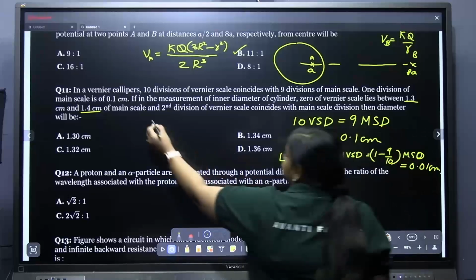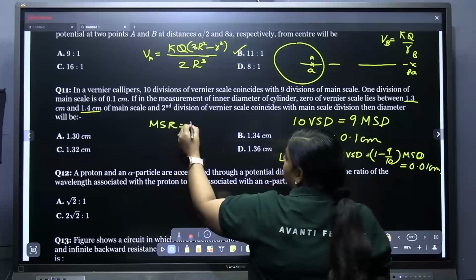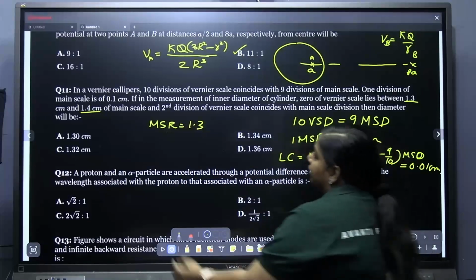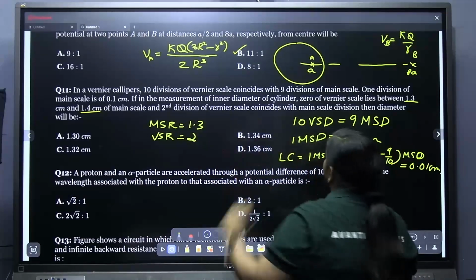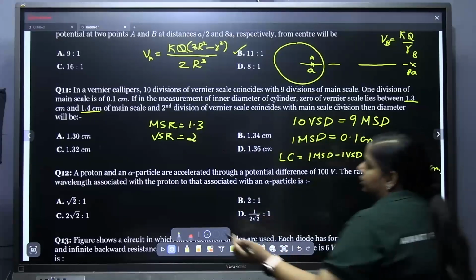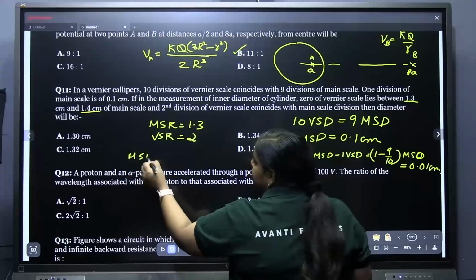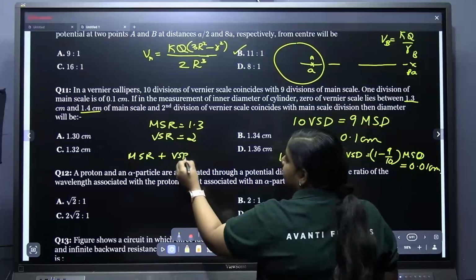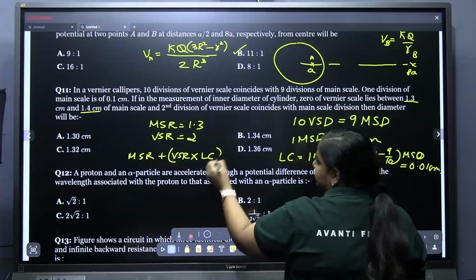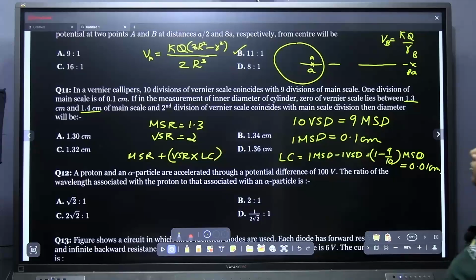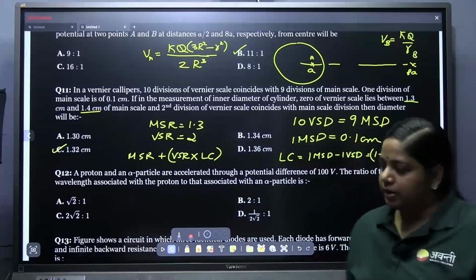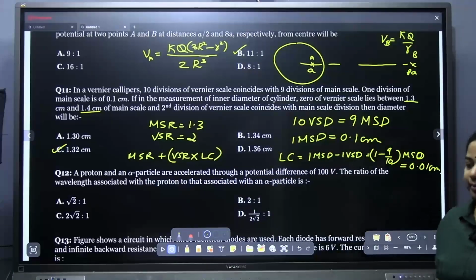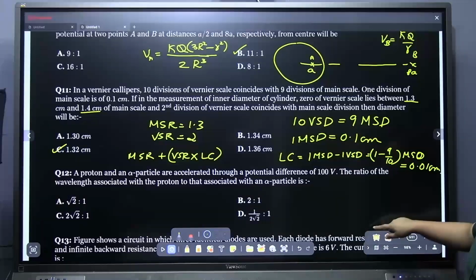So MSR will be 1.3, then VSR is equal to 2, second division. You have to find diameter, that will be equal to MSR plus VSR into LC. Okay, so answer is 1.32 centimeter. Is that clear for all?